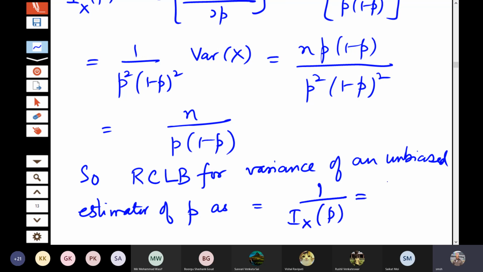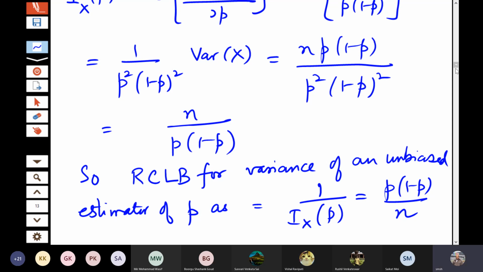So that becomes p into (1 minus p) by n. Is this calculation clear to you?